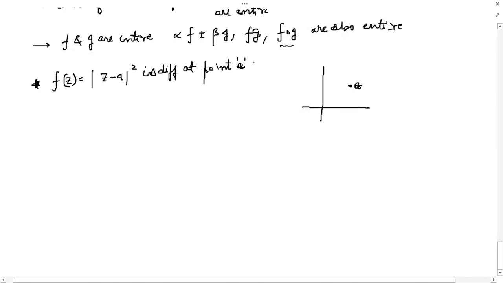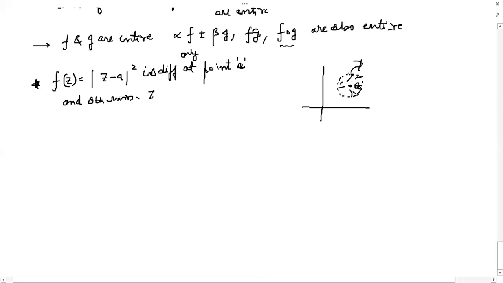It is not. So it will not be differentiable in any neighborhood of A, because f(z) is equal to mod z minus a whole square is differentiable only at the point A and otherwise not differentiable.